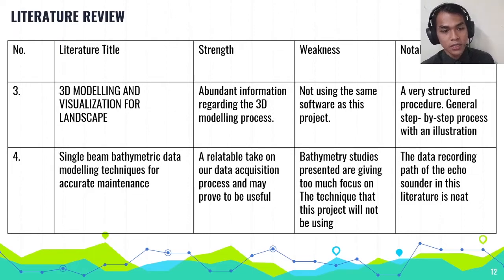The strength of this research is the abundant information regarding the 3D modeling process, and the weakness is that it does not use the same software as the project. They use a completely different software, while I'm just going to use the AutoCAD software, because the research on 3D modeling is very detailed.